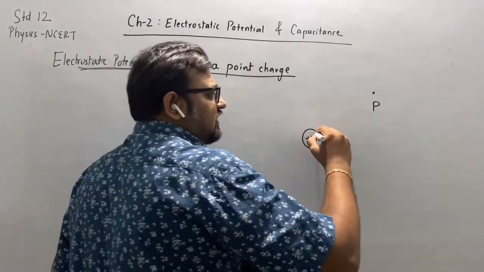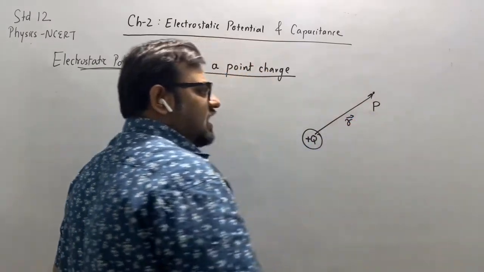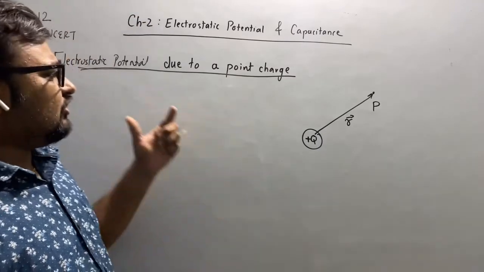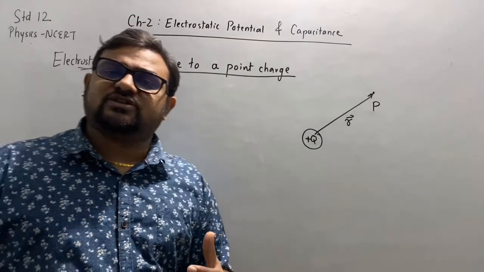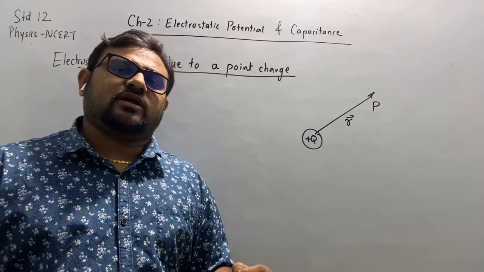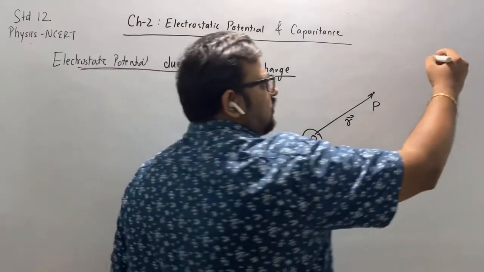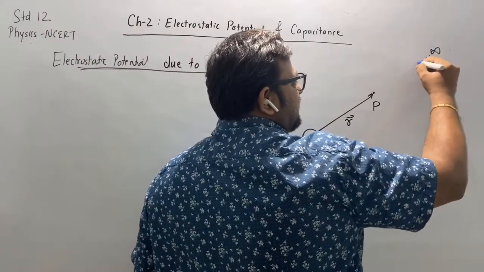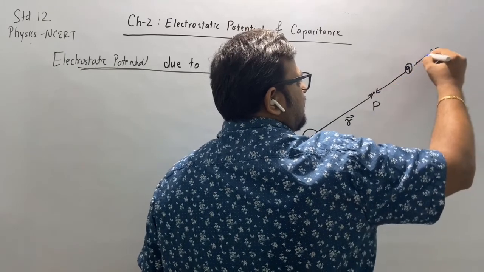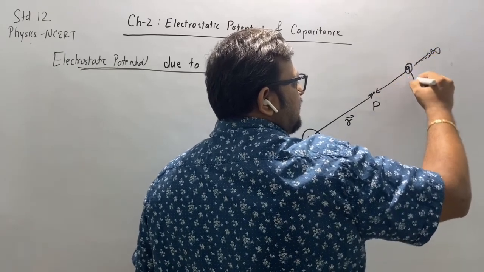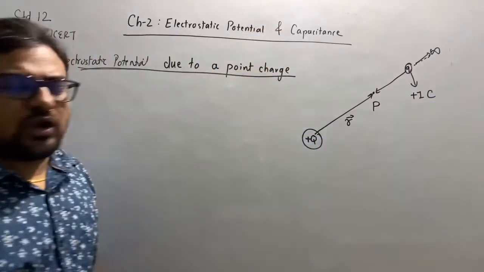The position vector of this point P be R. Now, according to the definition, what is electrostatic potential? Work done in bringing a unit positive charge from infinity to a point P. Let's take it as plus 1 coulomb.